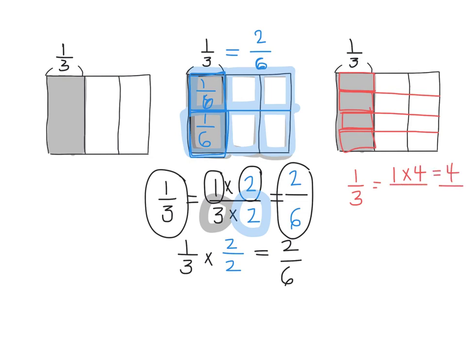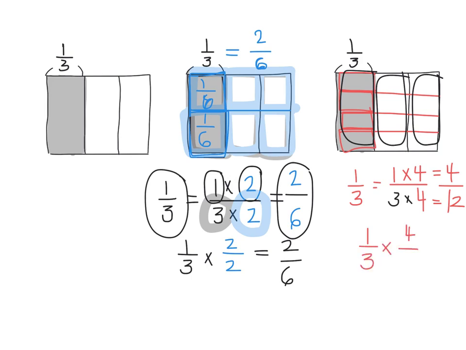And originally I had 3 main sections, 1, 2, 3, but those 3 main sections have been multiplied by 4 to become how many main sections? Everyone? 12. So using this picture, we show that 1/3 times 4 over 4 equals 4 over 12. So we can see that 1/3 is equivalent or equal to 4/12.